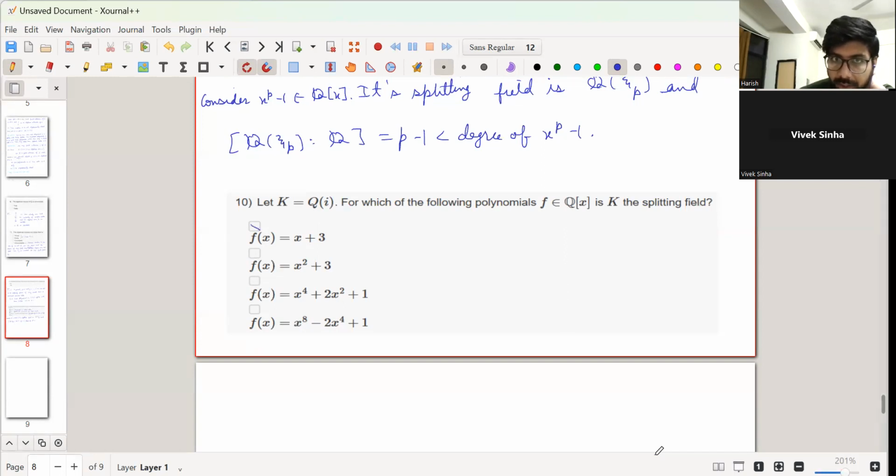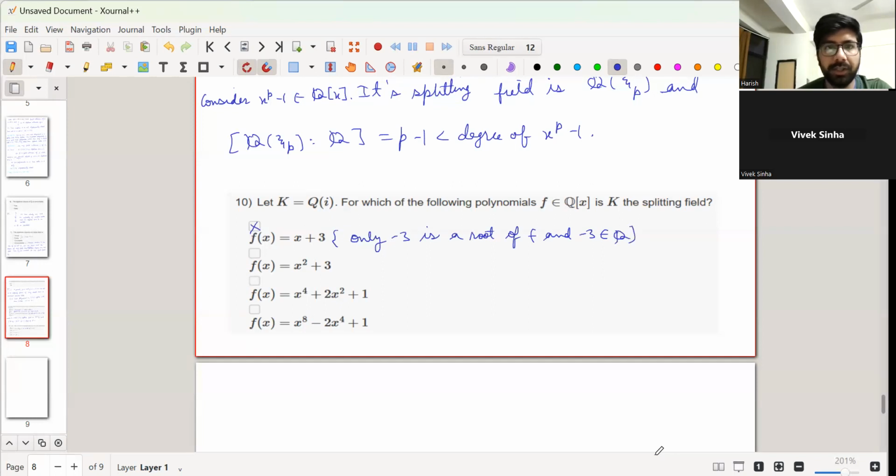So the first one is not, because it has -3 as a root. The only root of f(x) is -3, and -3 belongs to Q, right?